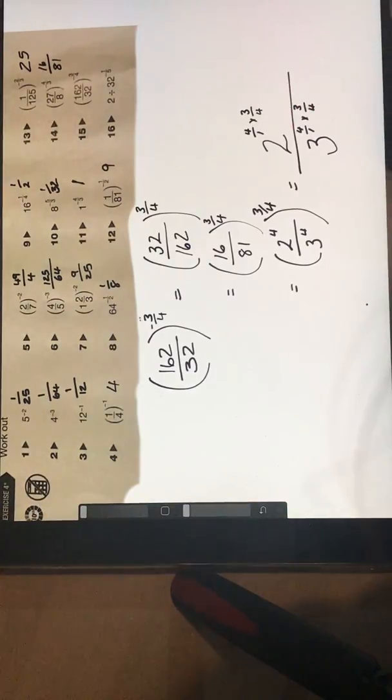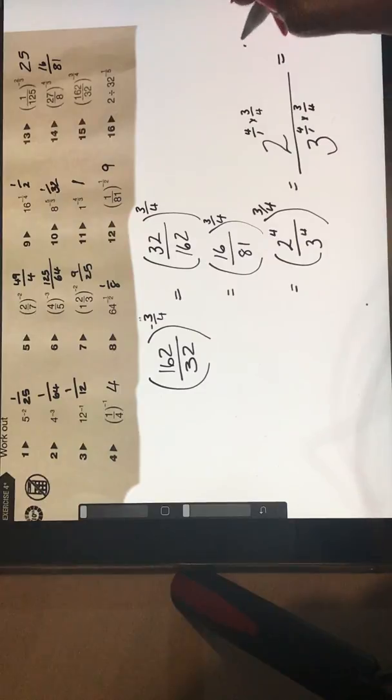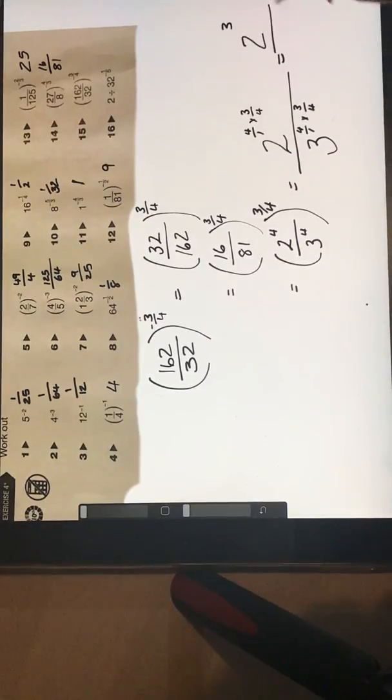The 4's will cancel out, and we're going to be left with 2 to the power of 3 at the top, and at the bottom 3 cubed. 2 cubed is 8, and 3 cubed is 27. And that's the simplest fraction that you can write the answer in.